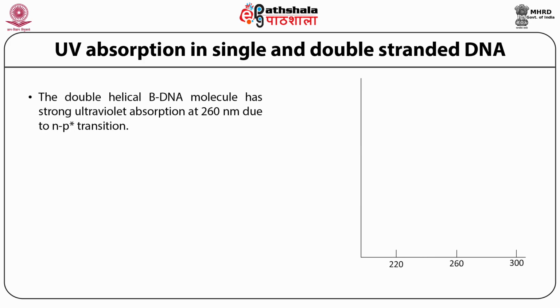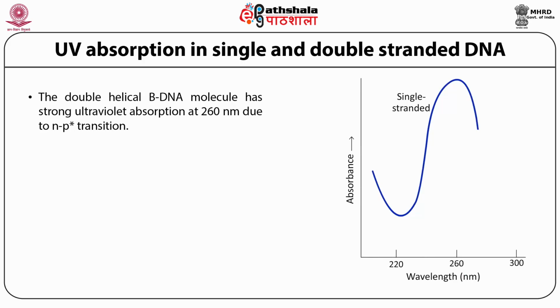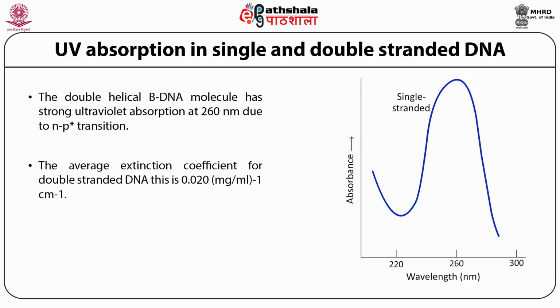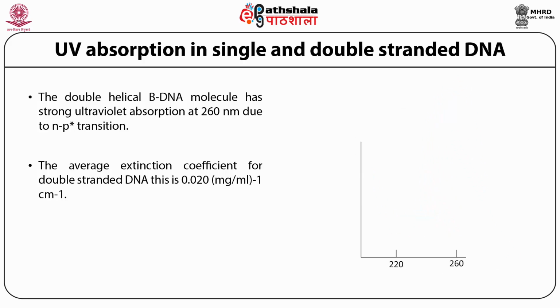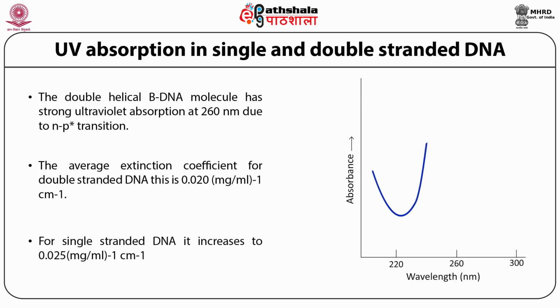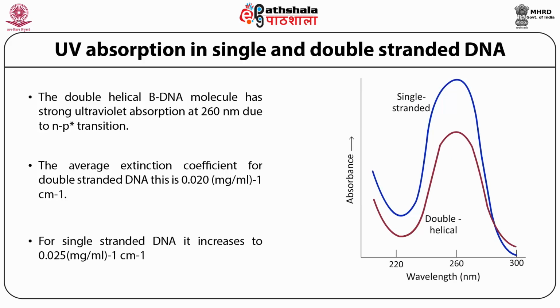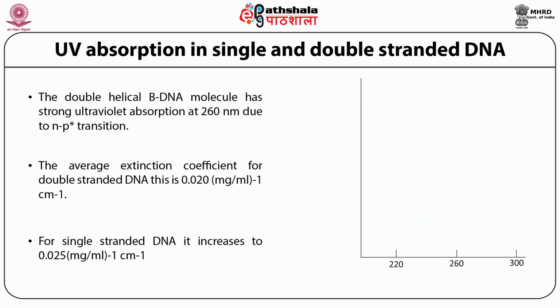The double helical B form of DNA has a strong ultraviolet absorption at 260 nanometers due to n-pi star transition. The average extinction coefficient for double-stranded DNA is 0.002. But for single-stranded DNA, it increases because of the hyperchromic effect. It becomes 0.025.